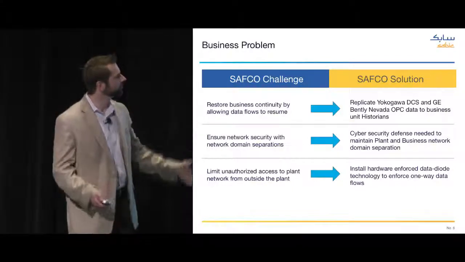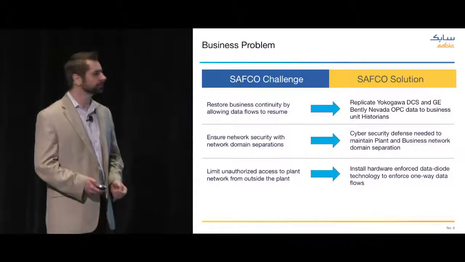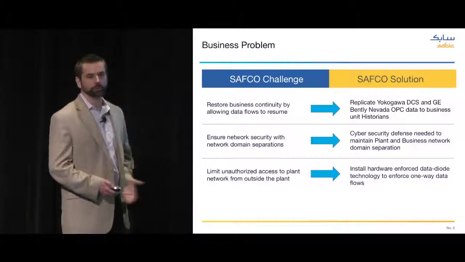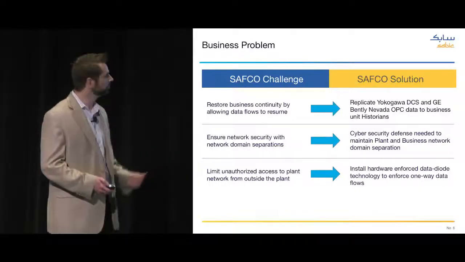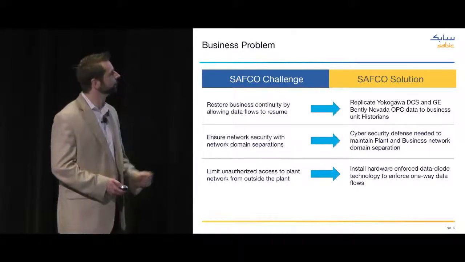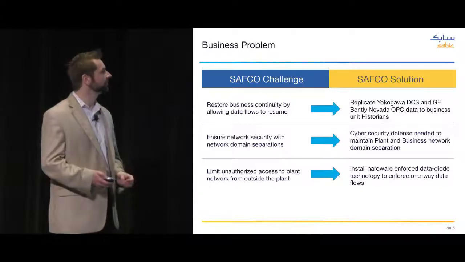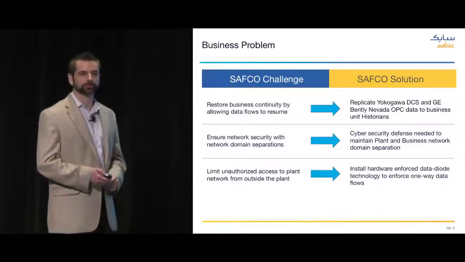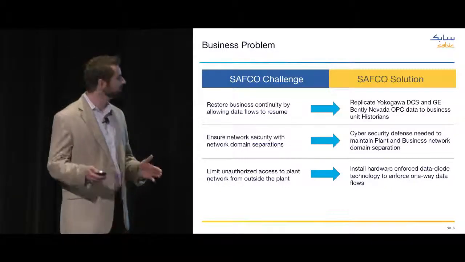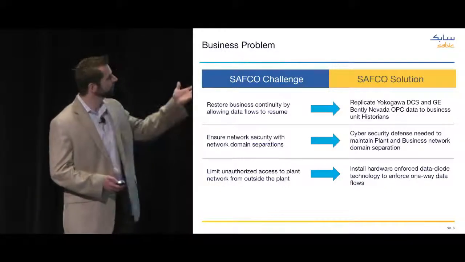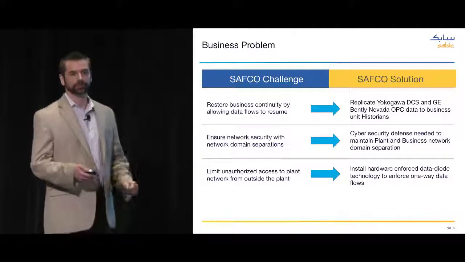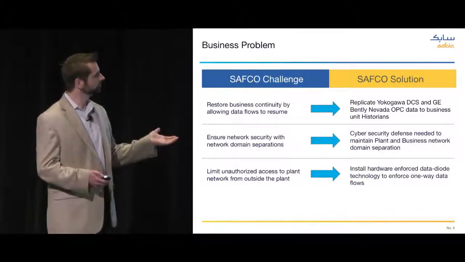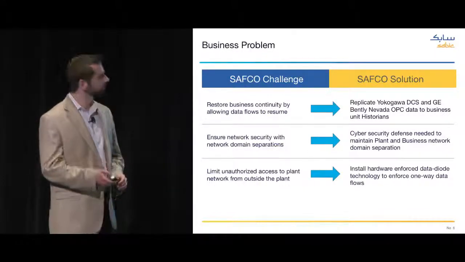And what we did was we installed a hardware-enforced data diode to enforce one-way data flows where appropriate, and we'll show you that. And then the cybersecurity defense needed to maintain the plant and business networks separate for security purposes, the separation between the two, and to replicate their data to both networks.